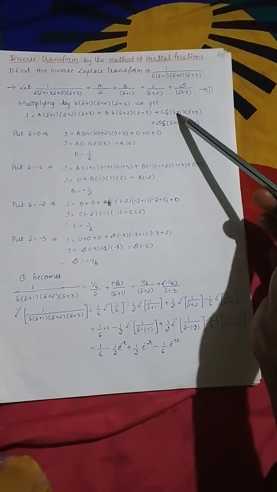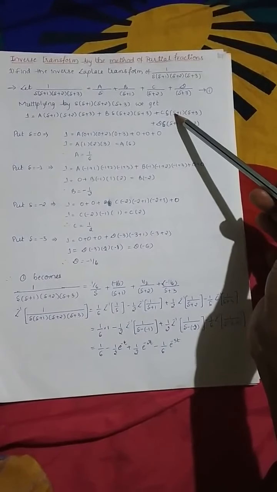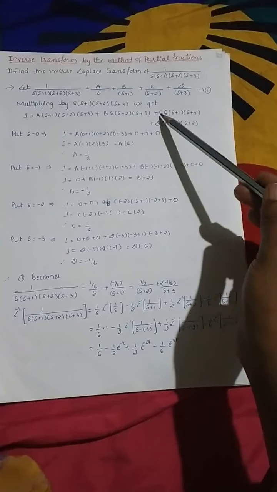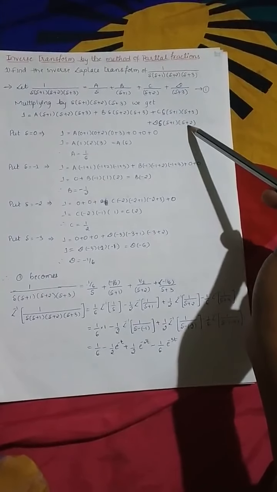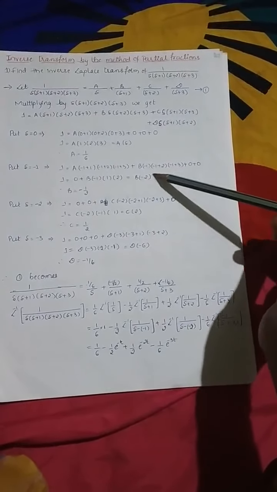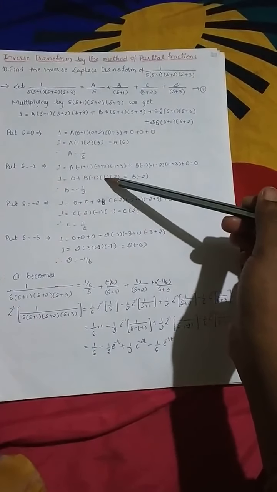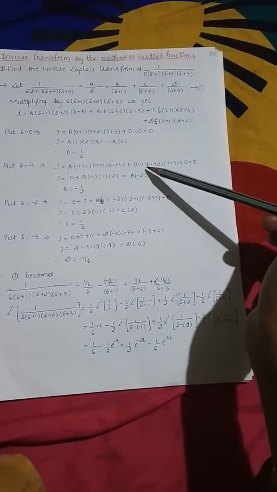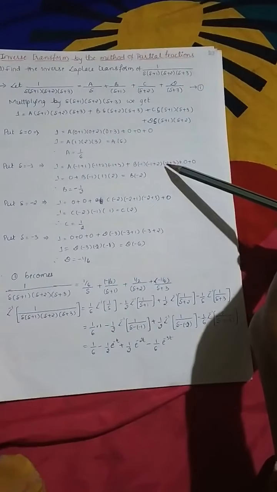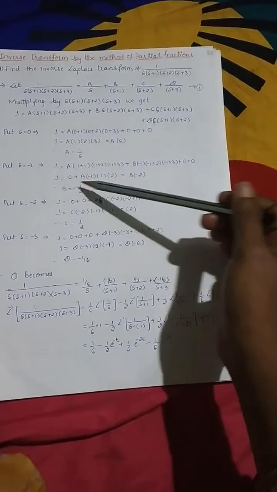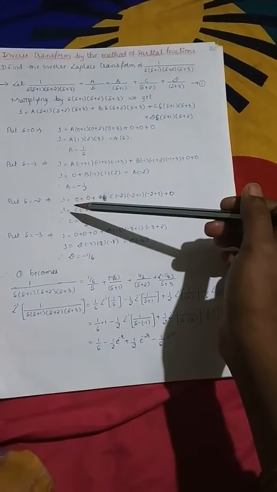In the other terms s plus 1 is there; if you put minus 1, minus 1 plus 1 is 0. Therefore the c term is 0, and similarly the d term also becomes 0. So 1 is equal to 0 plus b into minus 1 into 1 into 2, that is b into minus 2. So 1 is equal to b into minus 2, and b is equal to minus 1 by 2.